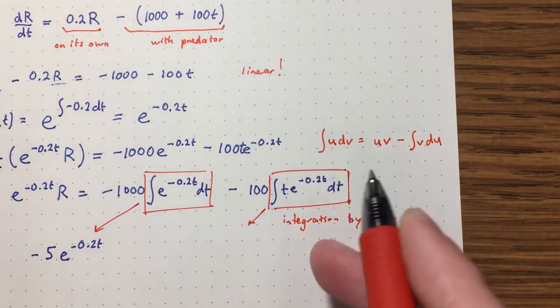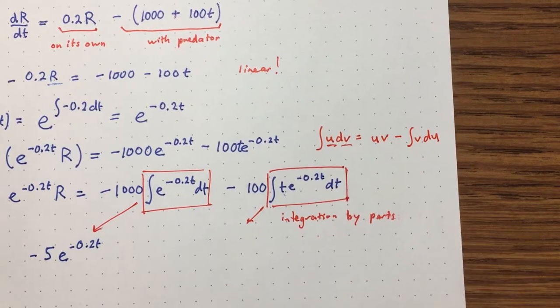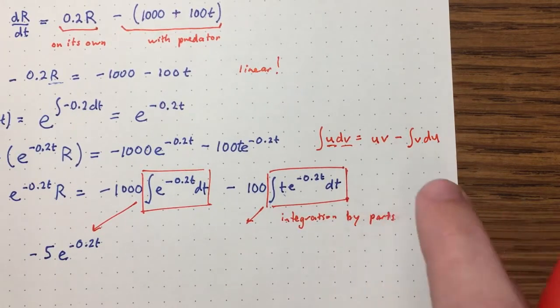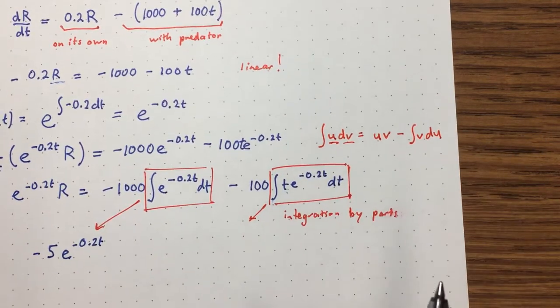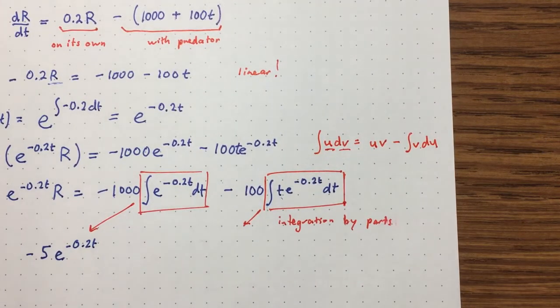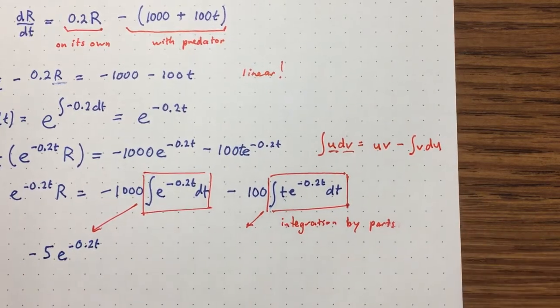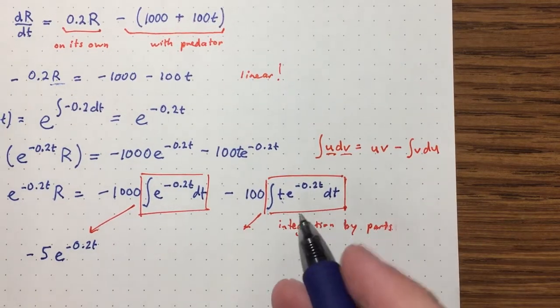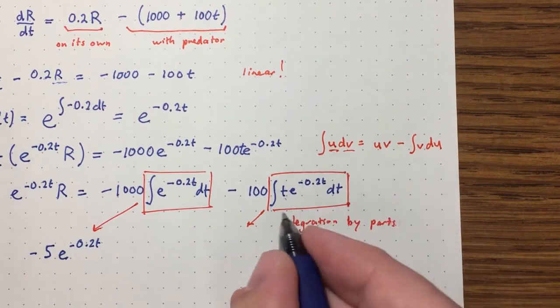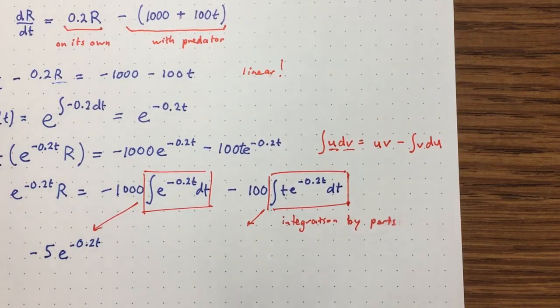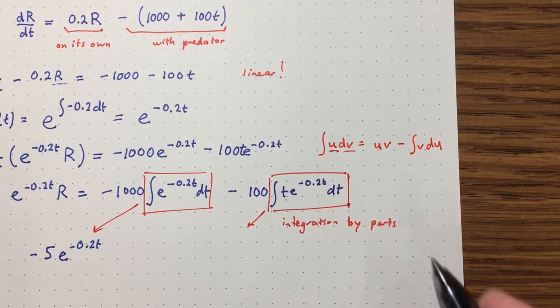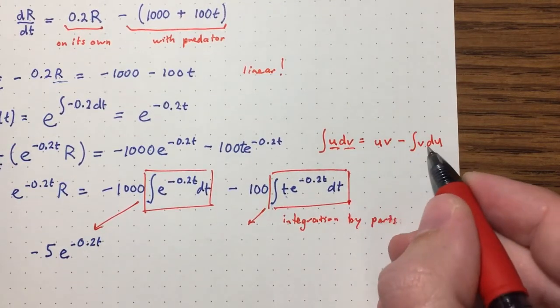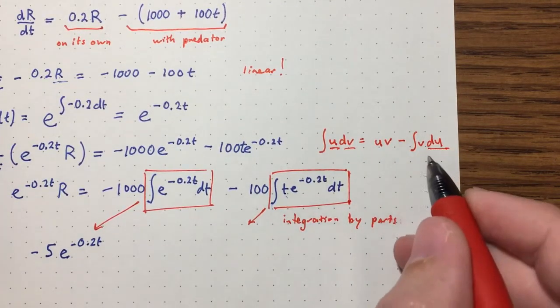And if we cleverly choose what u and dv are, then we can make it work out so that this integral over here is simpler than the original one. And so that's the point of integration by parts. You're just rewriting the problem in a different way. It's hopefully simpler. And the way to make it simpler is to choose u to be something that becomes simpler when you take its derivative, because we have a du there. So we want this integral to be simpler.